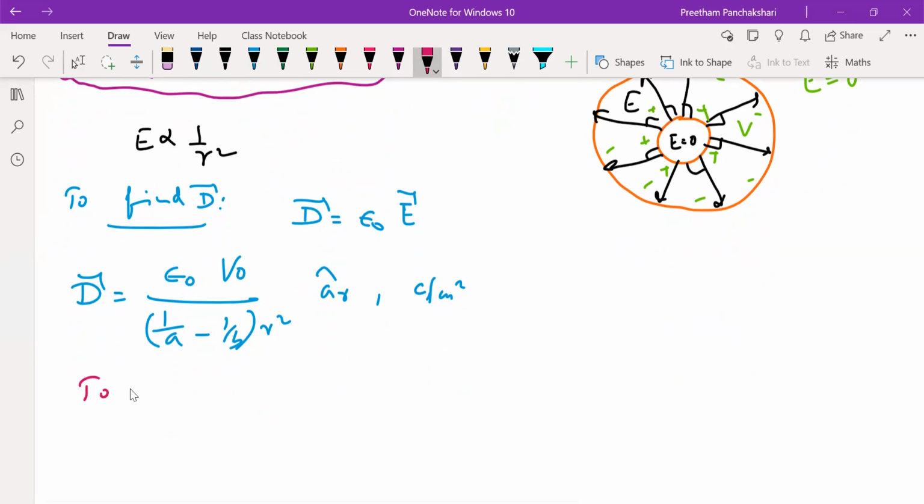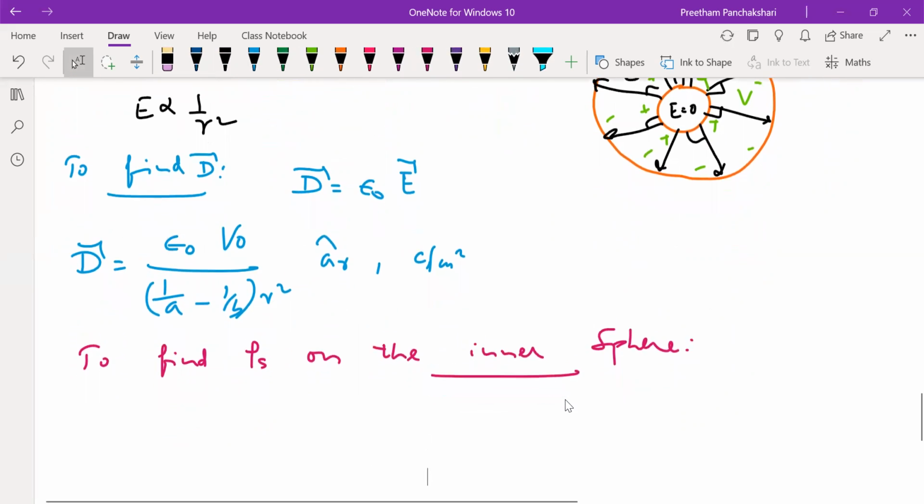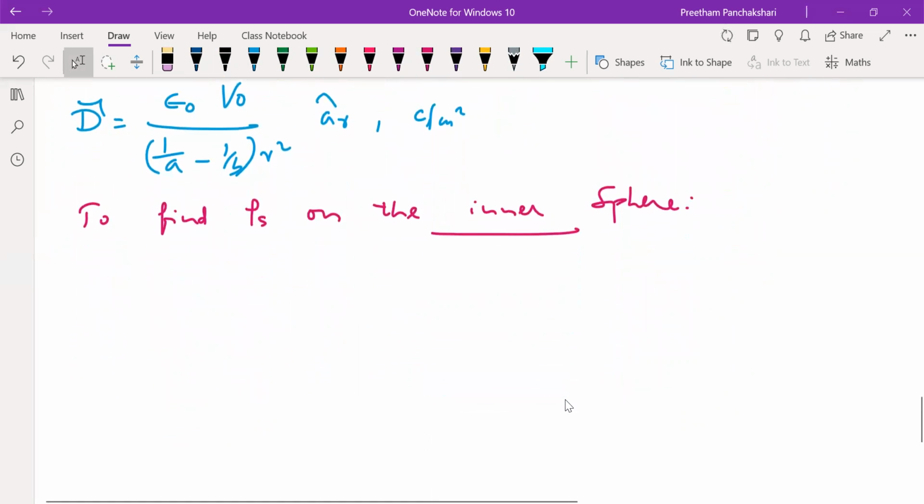But to find the charge density, that is surface charge density on the inner sphere. Inner sphere has charge on its surface, so surface charge density can be found.